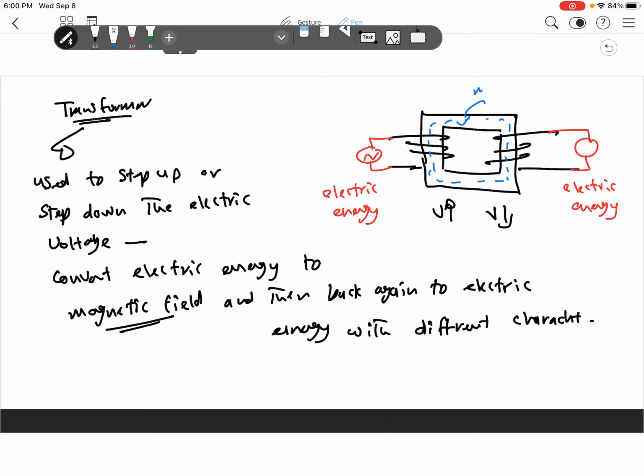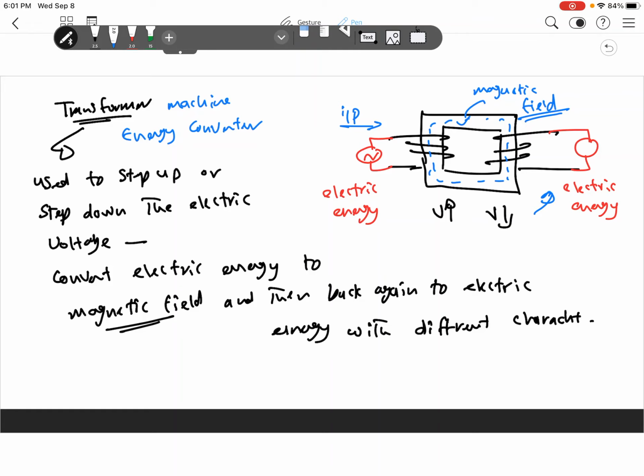Okay, so this involves energy conversion. The electrical energy you have here as input is converted into magnetic field, magnetic energy, and then back again into electric energy. So that's why we call this a machine, because it's also an energy converter.